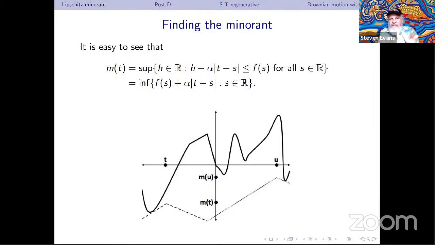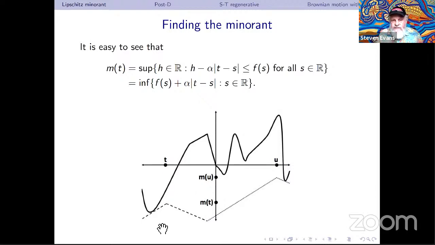But things aren't as complex as that. We can actually construct the value of m at t just by doing the following operation. It's probably most easily explained by just looking at the picture here. We want to construct the value of the minorant at time t.